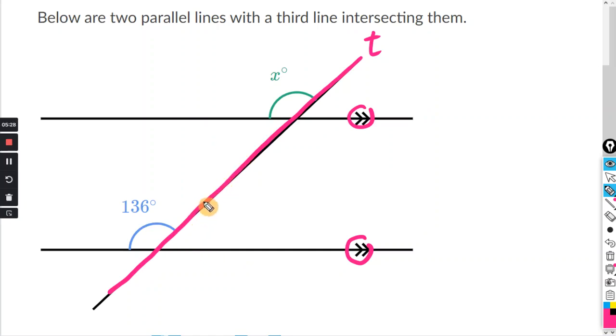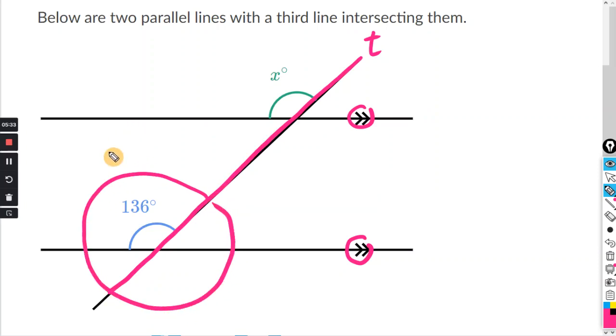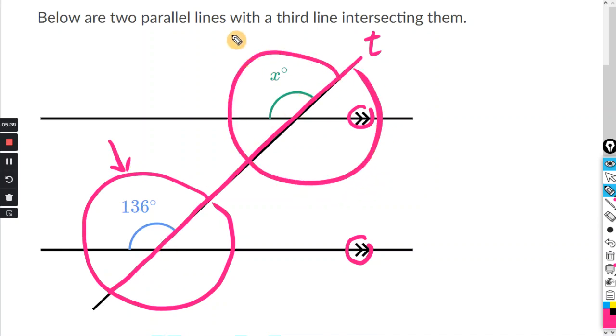Now, if you look at these four angles right here, this one is on the top left. And if you look at these four angles right here, this one is on the top left. Since they're in the same position, going from one parallel line to the other, those are called corresponding angles.